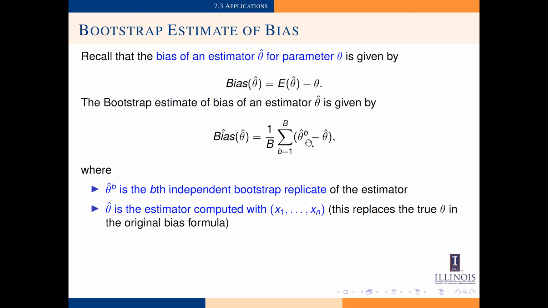Here, theta hat b is the bth independent Bootstrap replicate of the estimator. That's essentially our T_b, which is the statistic or the estimator calculated with the bth Bootstrap sample. Theta hat is the estimator computed with the original sample of size n, so the statistic calculated at x1 all the way up to xn.